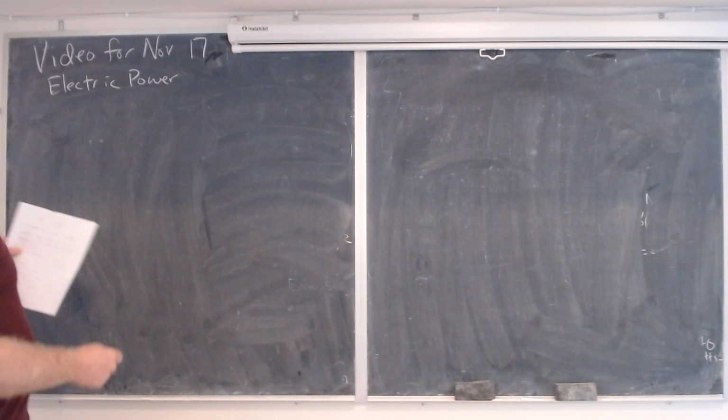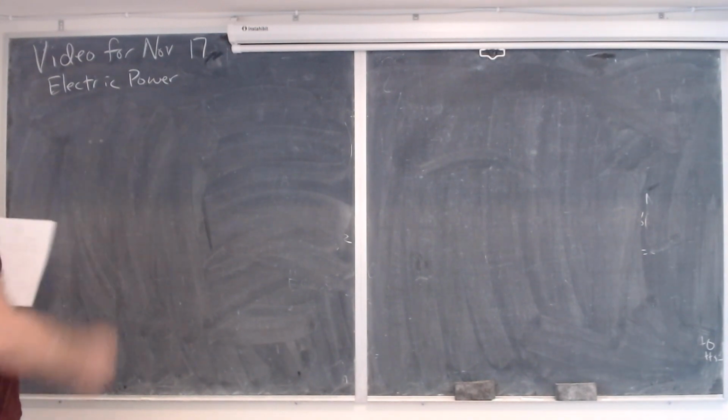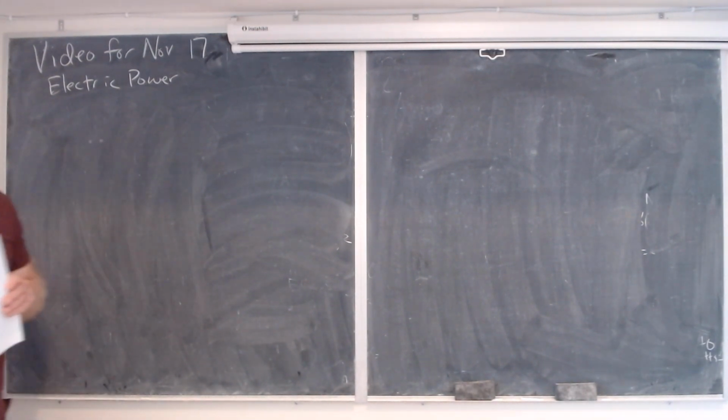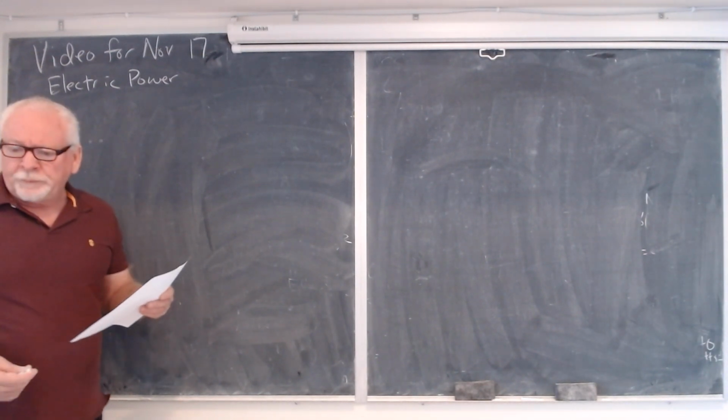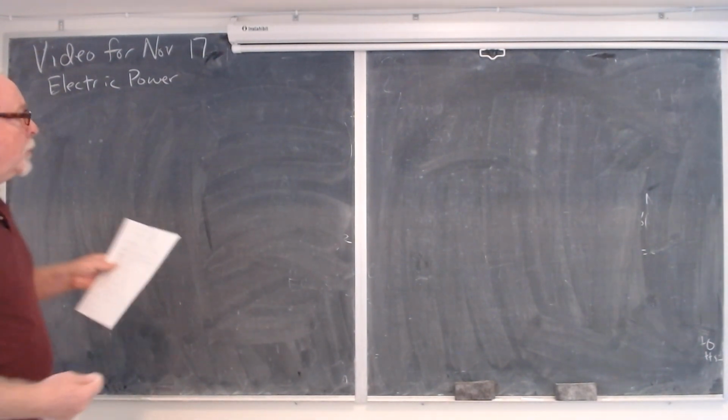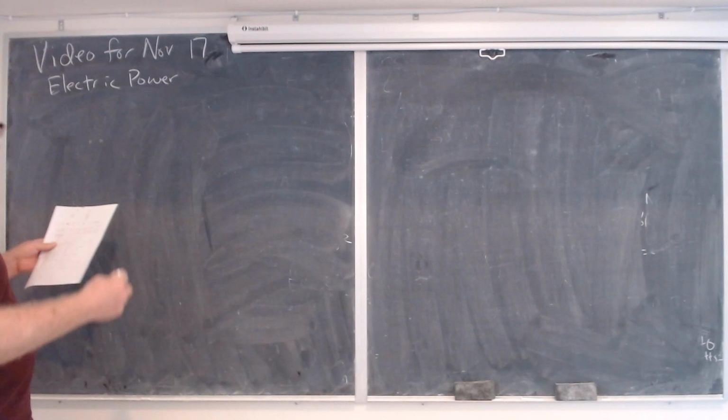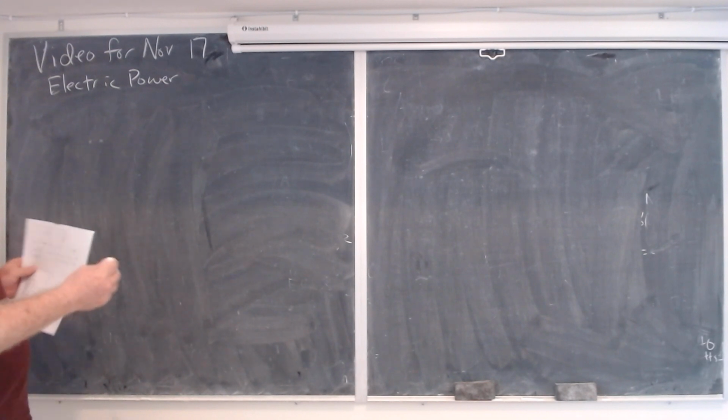But I'll title this electric power because the objective, I think it was number 6 in homework 8, is to give you enough information so that you can do that last problem in the homework. And the other ones you can kind of figure out.